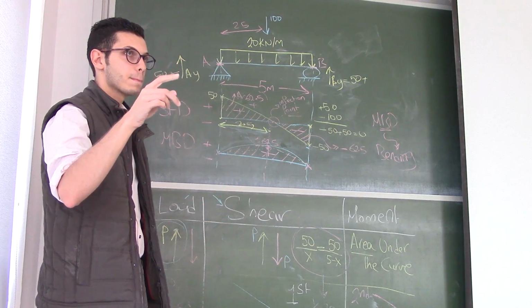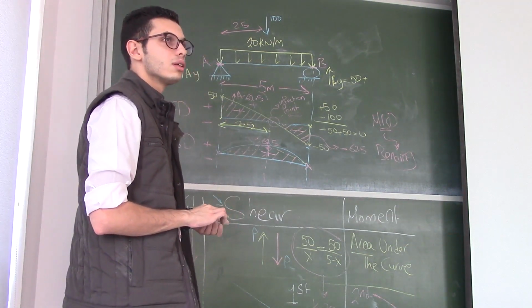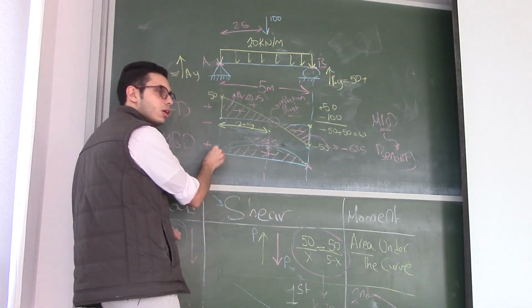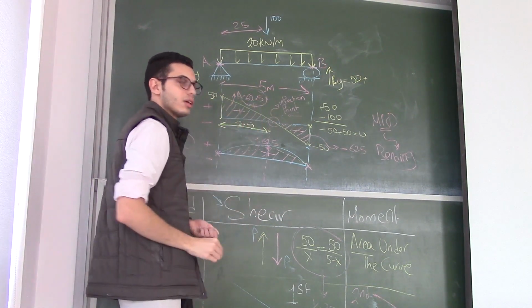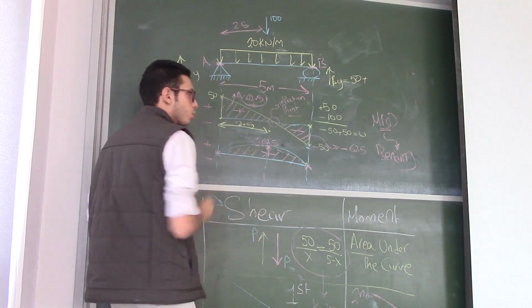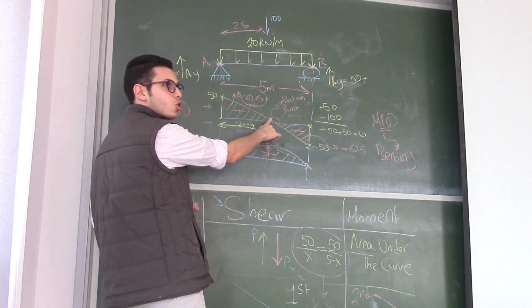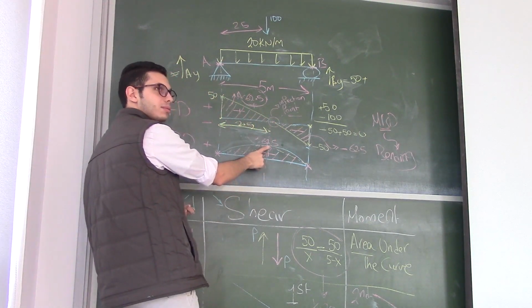What is your question? Like how this comes? Okay, again, here we start with a 0. We calculate the area. It's a positive 62.5. So 62.5 is here, okay? Because this area ends at this point. So I should put the 62.5 here, right?